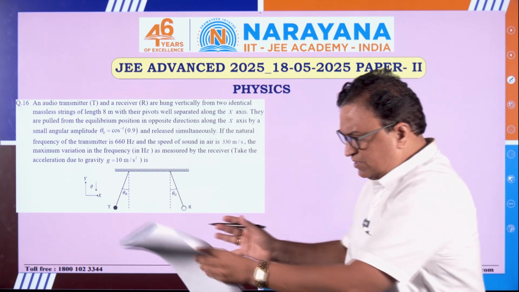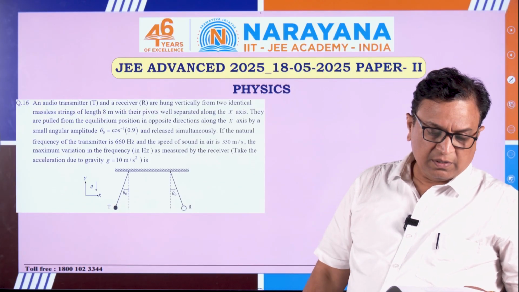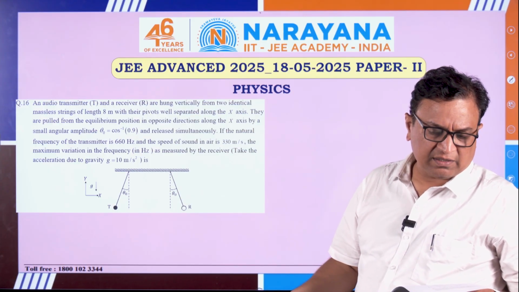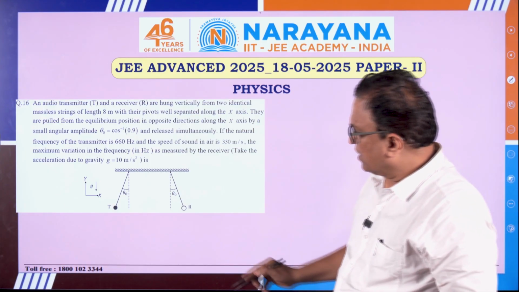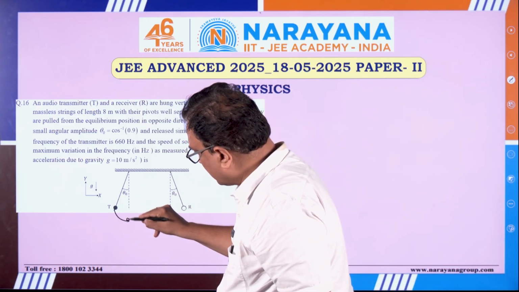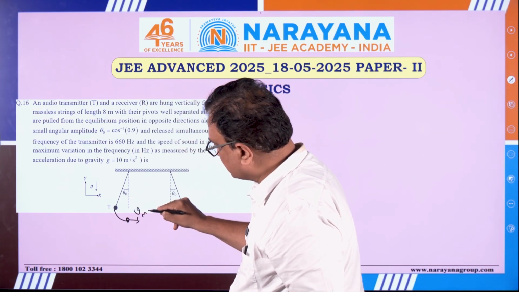Basically, what will happen is they will oscillate like this. They have given the speed of sound in air and all that. By the way, when this arrangement comes over to here, it will have a maximum velocity here.